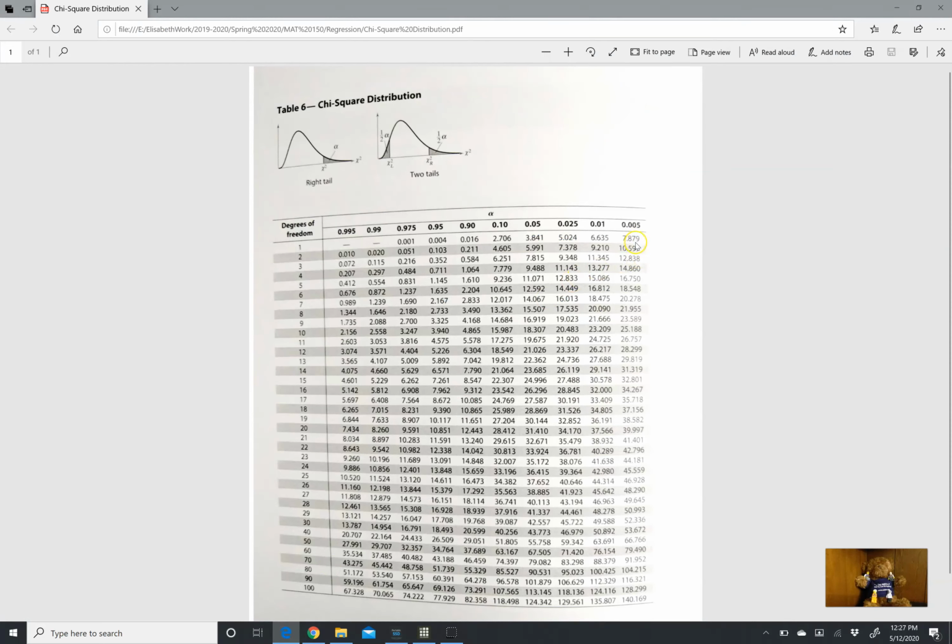At 0.05, we said that our chi-square, our critical value, is 7.815. But if we go to 0.01, it's 11.345. And 11.345 is greater than 8.1582. 8.1582 would be outside the rejection region. It would be outside the rejection region if we did a 2.5% level of significance.